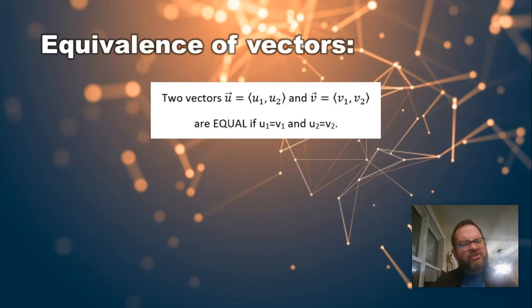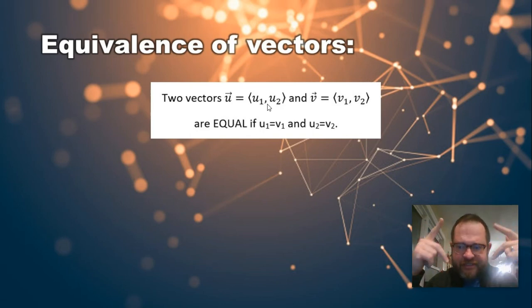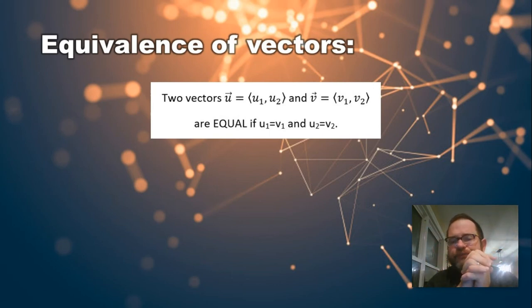For vectors, we don't actually use the word equivalence as much. I know I put that on the slide here. If we're talking about vectors, we're wondering if they are equal to each other. So if I have one vector u, we describe it as having these endpoint coordinates, and the way we do that is we write them in angle brackets. It's at some coordinate u1, u2.